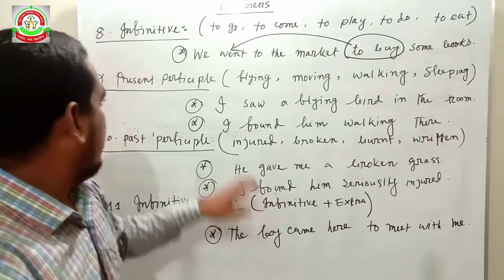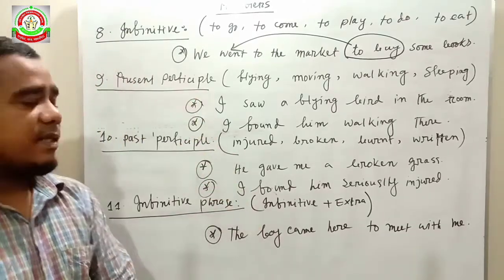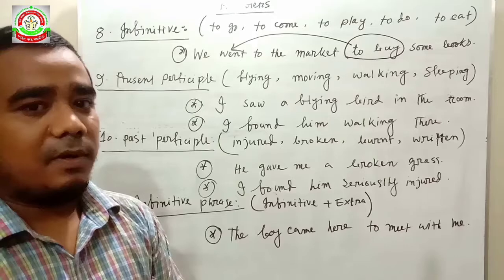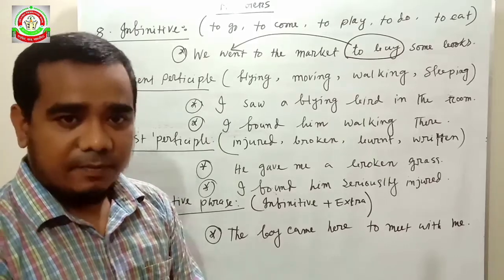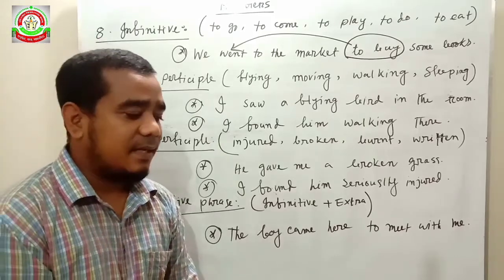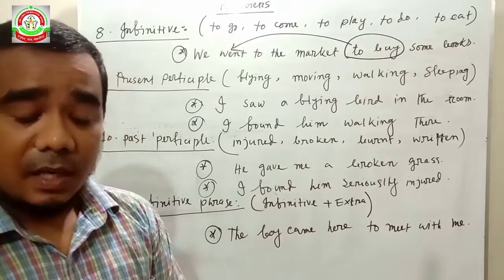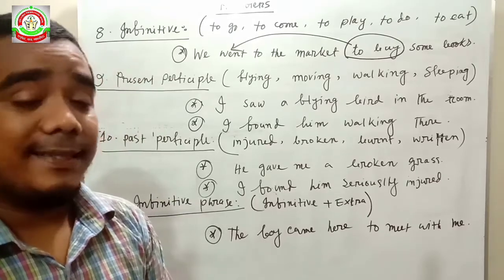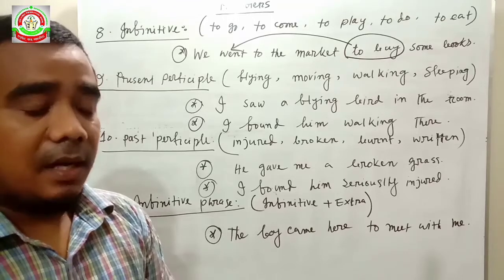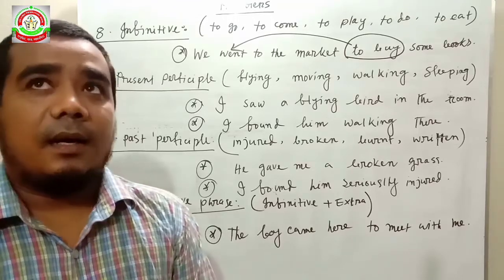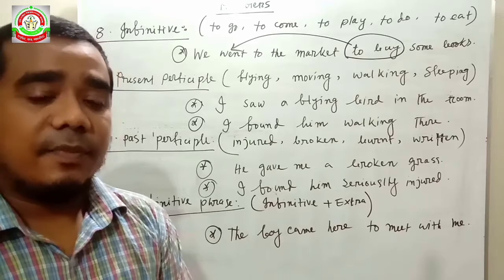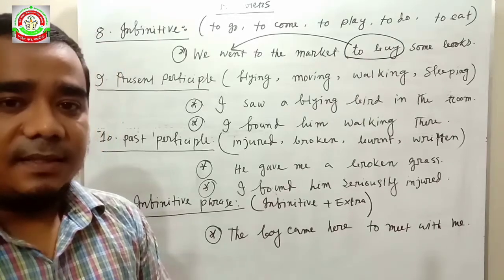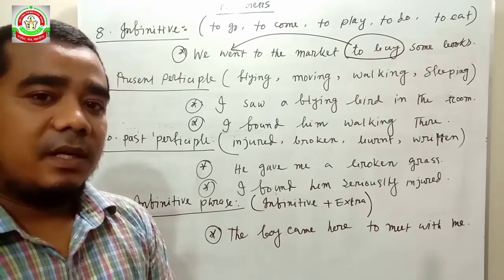Present participle. A present participle is also a non-finite verb which plays the roles of an adjective and a verb at the same time in a sentence, but it is not the main verb. Okay, we make a present participle by adding ing after the verb.